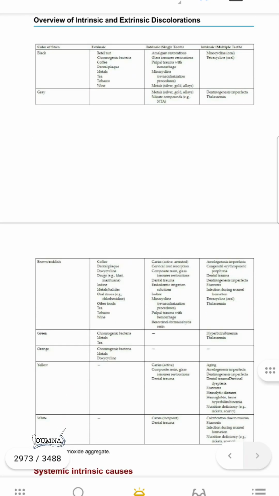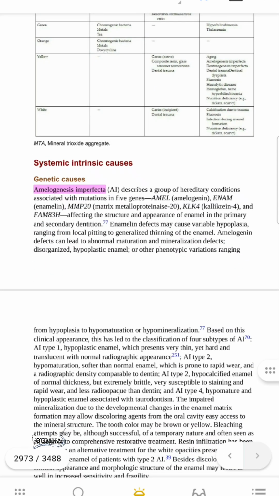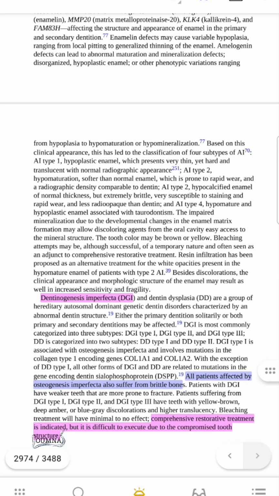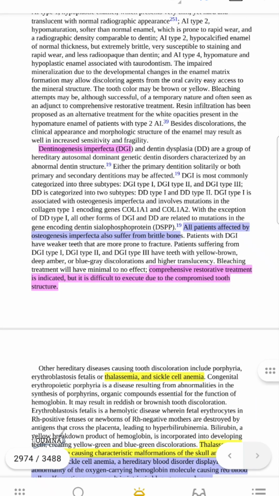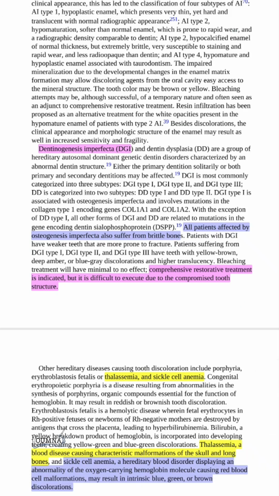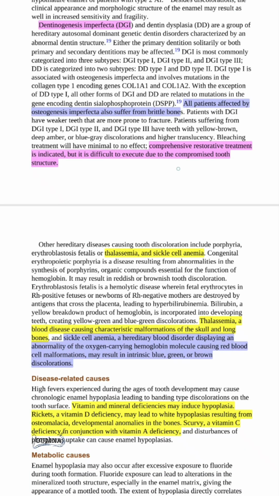For the etiology, it can be genetic, defined with amelogenesis imperfecta or dentinogenesis imperfecta that affects the bones and becomes brittle. In these cases, bleaching is not indicated and we go to more comprehensive restorative treatment, even though these restorative treatments are difficult due to the compromised tooth structure.